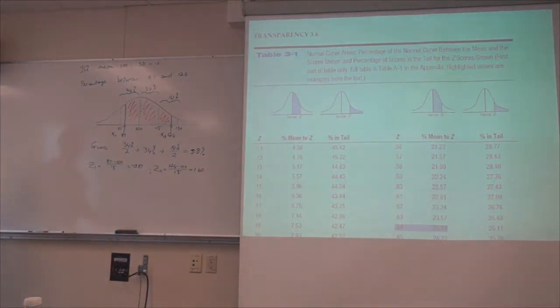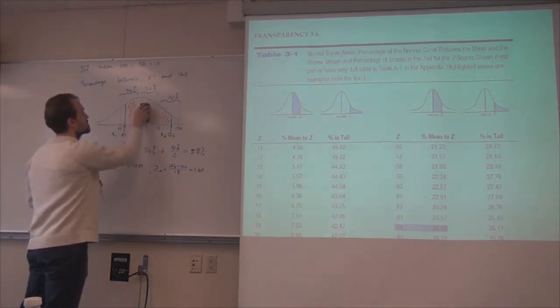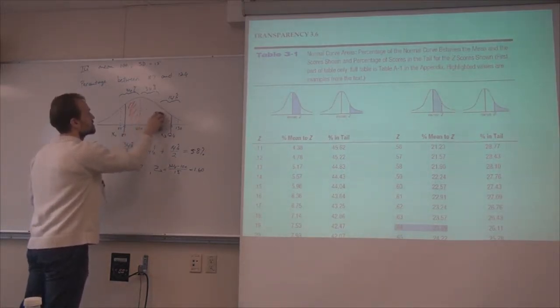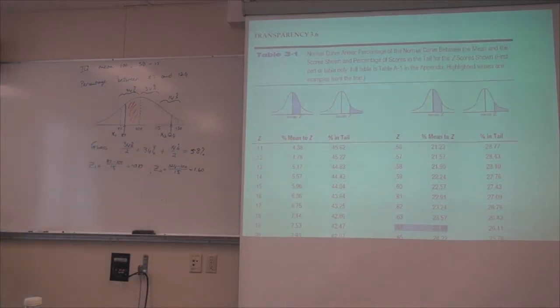1.60. Okay, so now I want to come up with a strategy for how I am going to use the table with this. Let me use another color. Purple, sure.